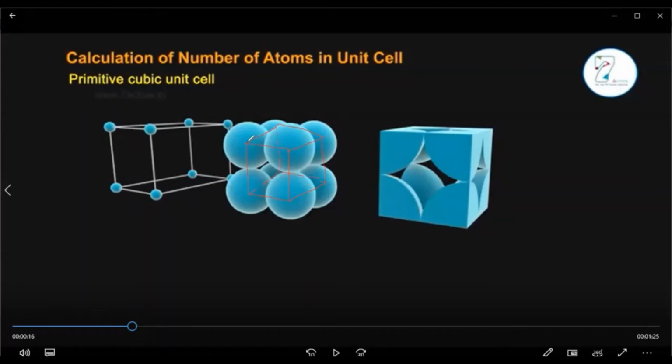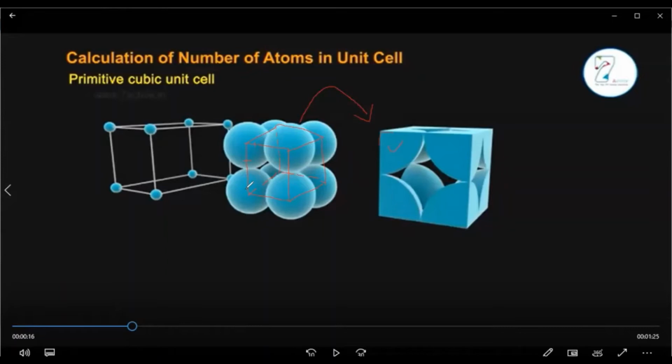Now, the volume enclosed by the lines which I have drawn, if I actually cut them, will look like this. So here and here, due to this line and this line, 1/4 of a complete atom will be removed, right? By this line and this line, you see this particle is removed.